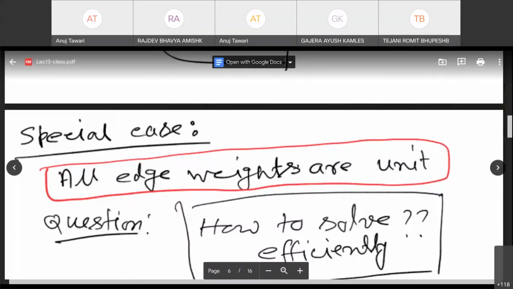Yeah, we want to find that. How will you find that? Find the minimum number of edges from U to V. You already know an algorithm to solve this.